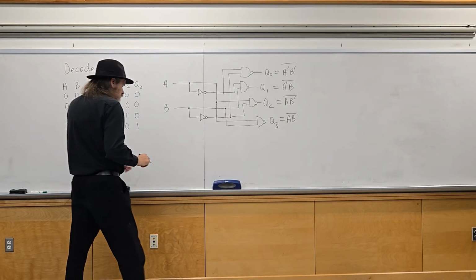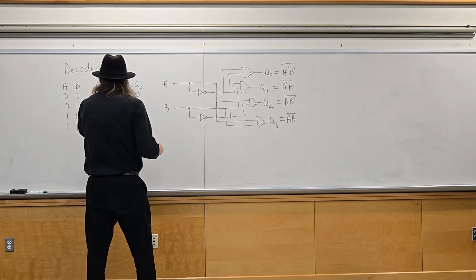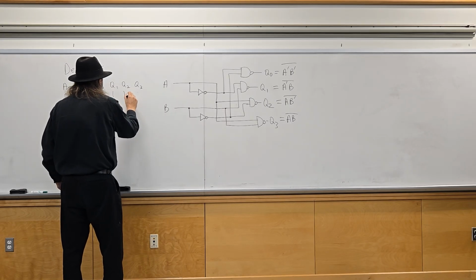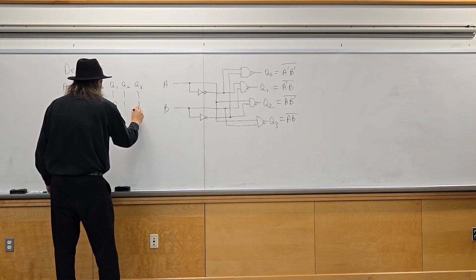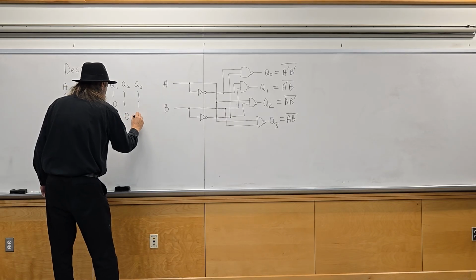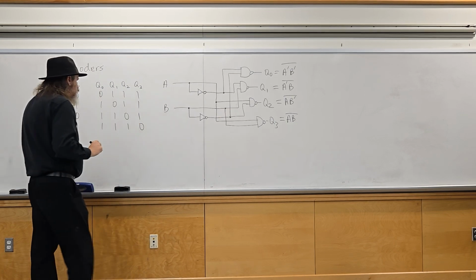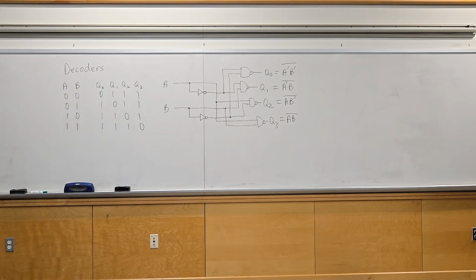And the state table would be 1, 0, 1, 1, 1, 0, 1, 1, 1, 1, 1, 0, 1, and 1, 1, 1, 0. So you would have an active low output where the output is inverted from the input values.